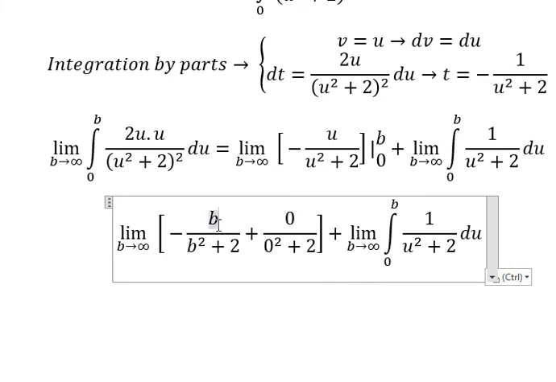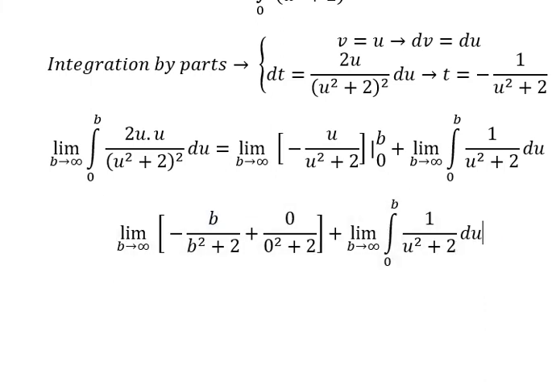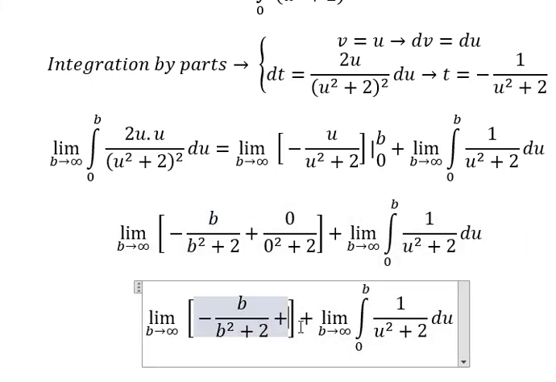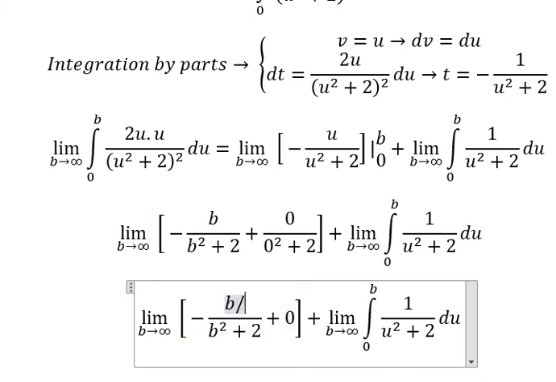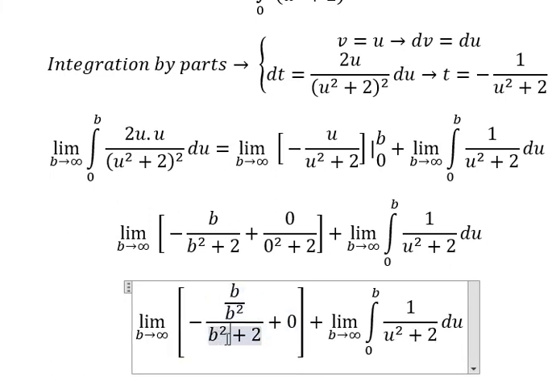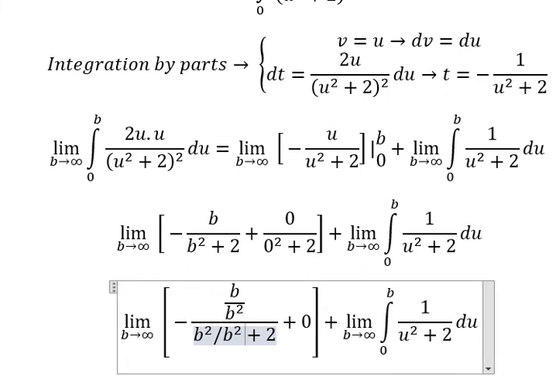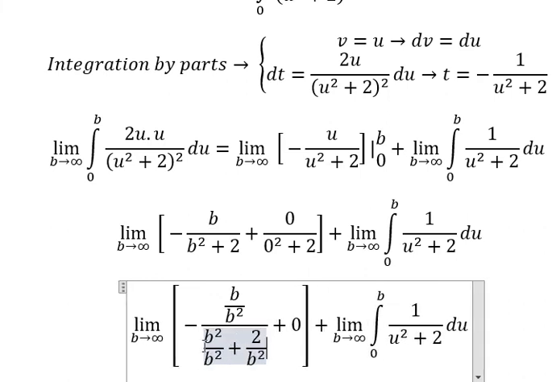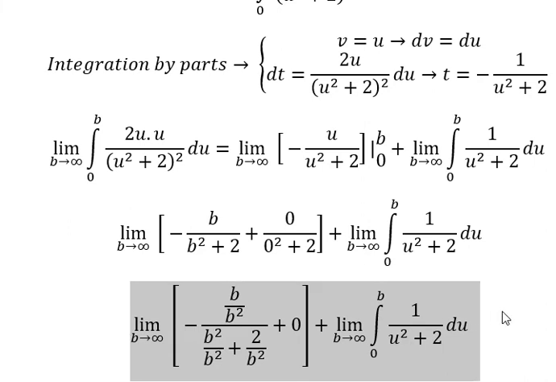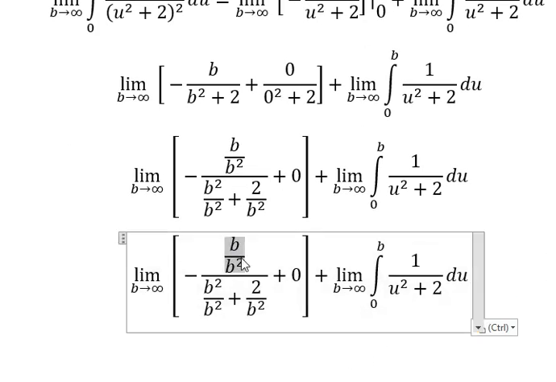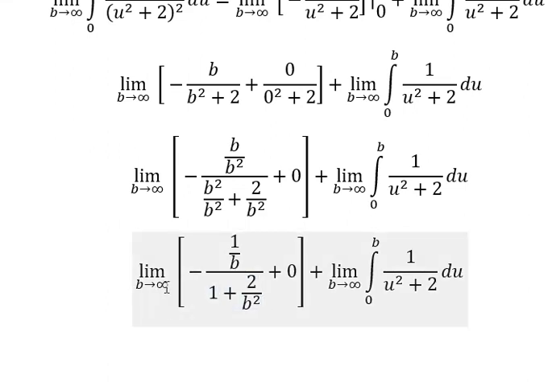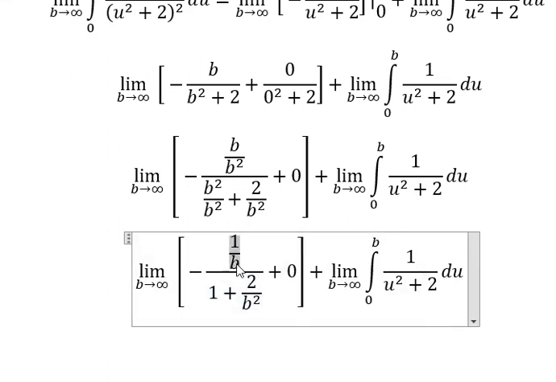So this one we divide by b squared on numerator and denominator. So this one you get 1 over b. This one you get 1. When we go to positive infinity, 1 divided by positive infinity, you get 0. Similar for this one, it goes to 0.